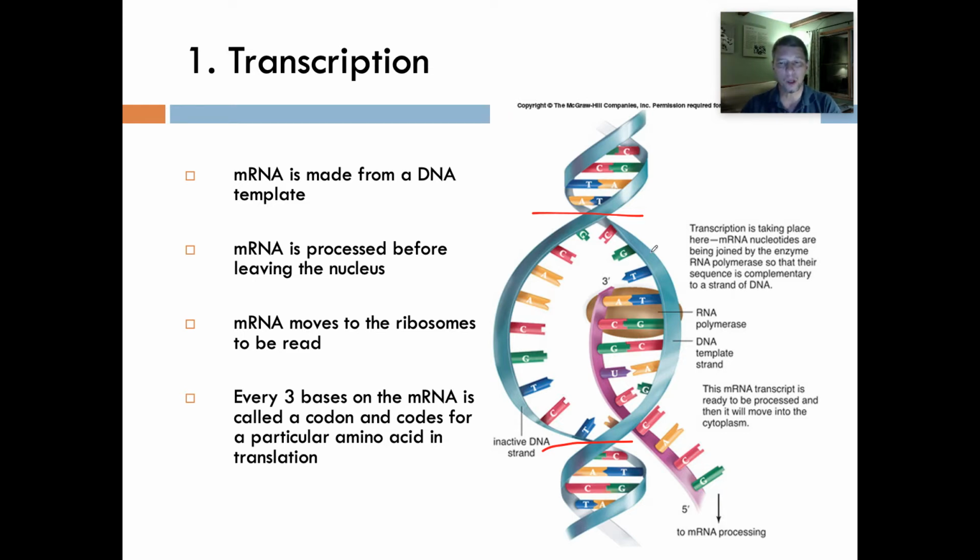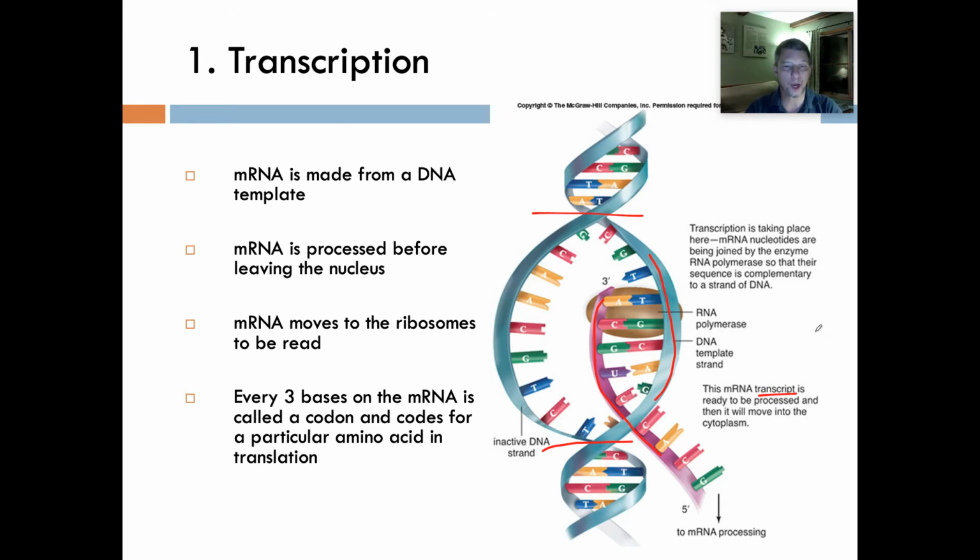The green, of course, represents the DNA template strand, and the pinkish purple here on this side represents the messenger RNA transcript. That's what we call it, the transcript. Once the mRNA strand is complete, it is ready for processing, and then it will move out into the cytoplasm. The messenger RNA is processed before it leaves the nucleus.